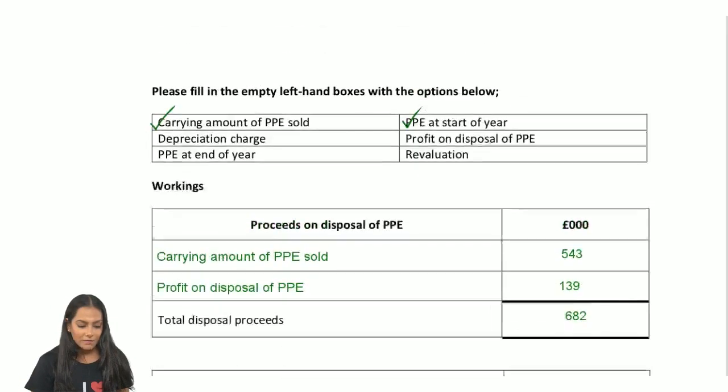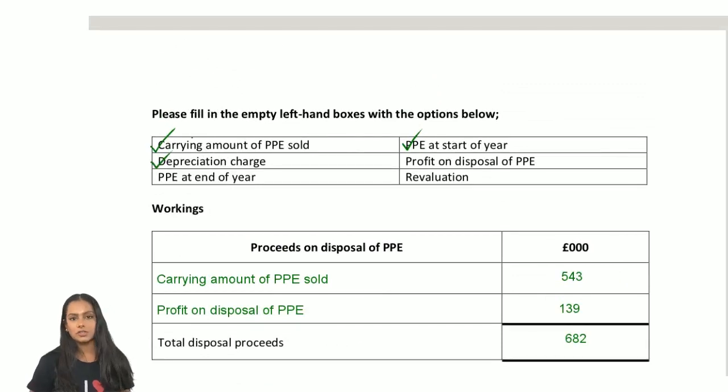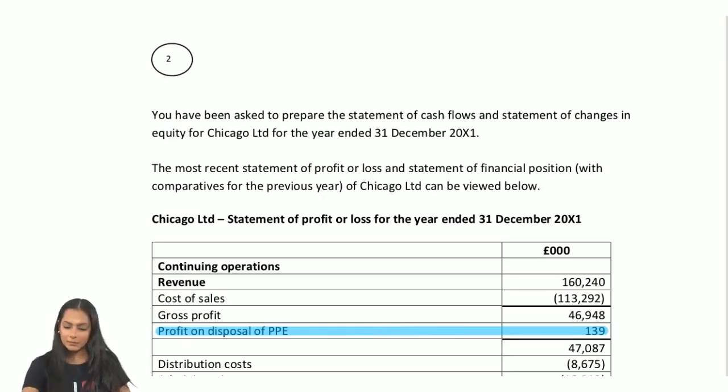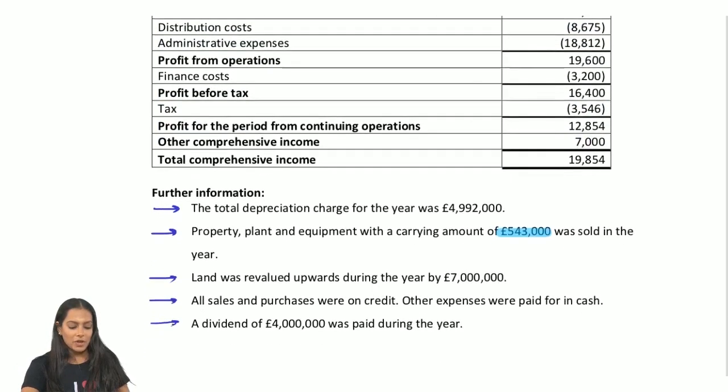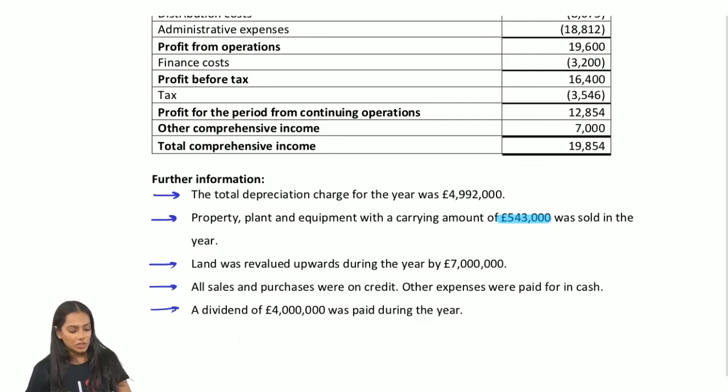The next one we have is depreciation charge. If you depreciate your assets during the period, this is going to be reducing your asset value. Now going back to the original bit here, I can remember that the note said that the total depreciation charge for the period is 4,992,000.